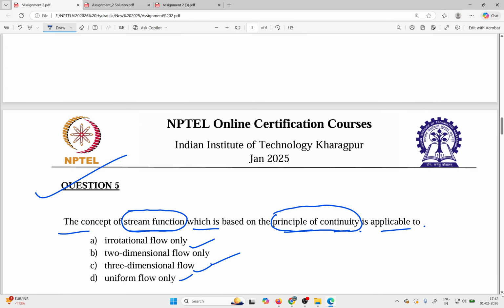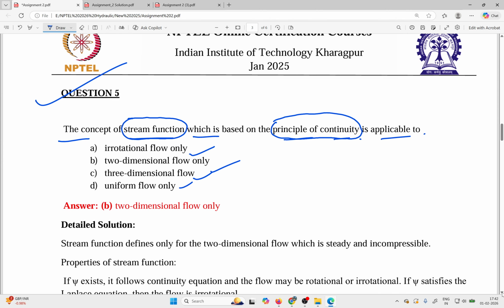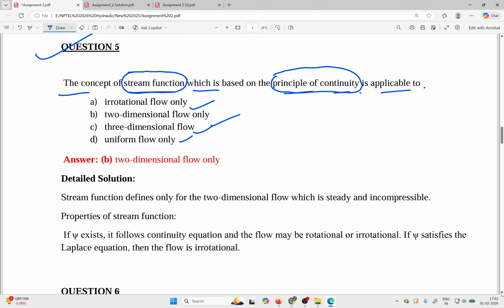So I'll show you the answer: two-dimensional flow. Why? The detailed solution is also written very well, so let us read. The stream function is defined only for two-dimensional flow, which is steady and incompressible.